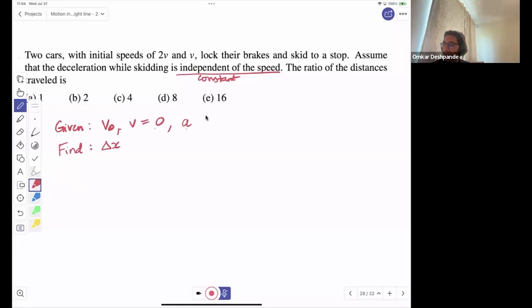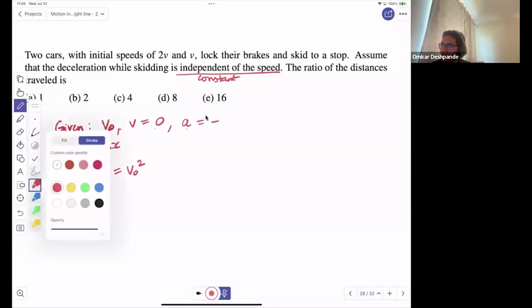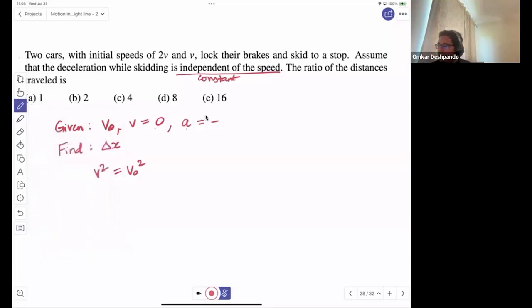So which equation connects these quantities? Again, it's the third equation. V square is equal to V0 square. So let's say the acceleration is minus some quantity. I don't want to call it minus g. Let's call it minus, well, d sounds like distance, let's call it minus a.